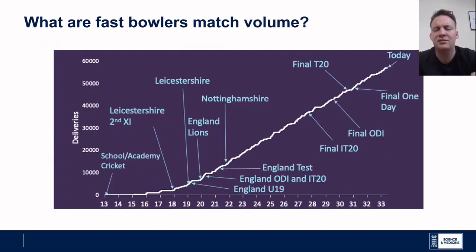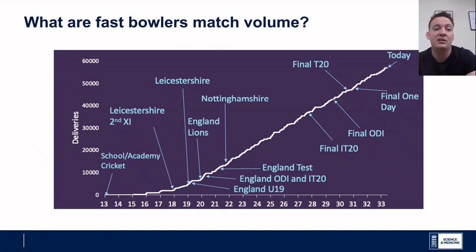So how much do fast bowlers do this weird high-loading action? This is a typical international cricketer, and this is their match volumes taken across their career. In this near 18-year career, we see that this bowler in matches alone has bowled nearly 60,000 deliveries.